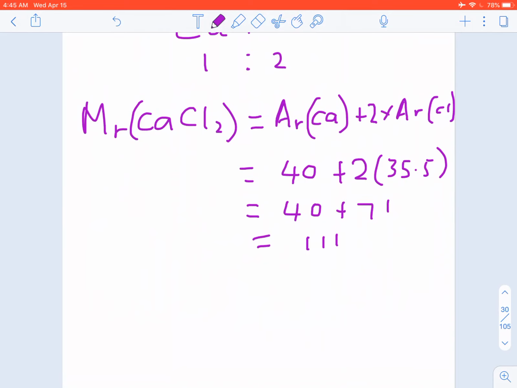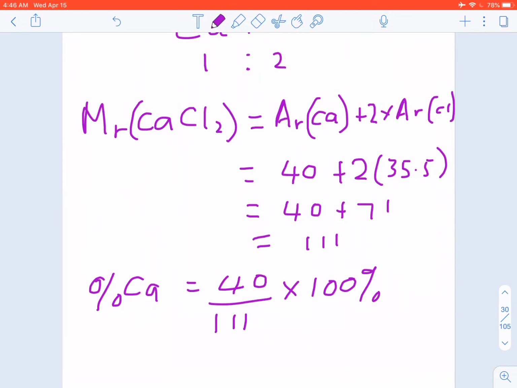Now if we want the percentage composition of each of the elements in this compound, we say the percentage of calcium is equal to 40 upon the total relative mass, times 100 for a percentage, and that is equal to 36%.